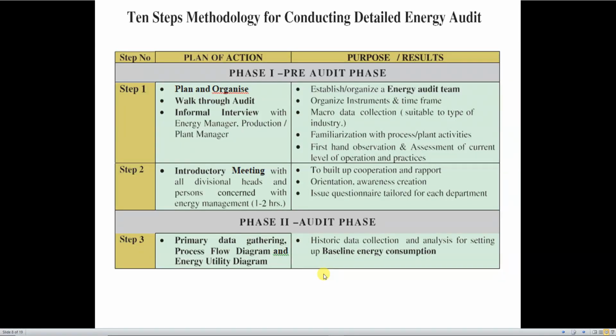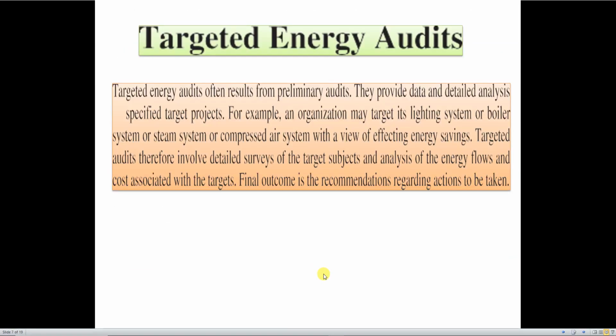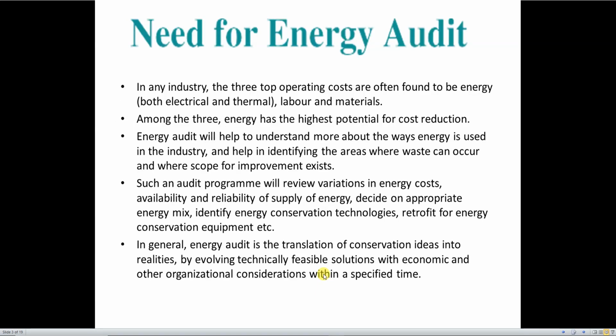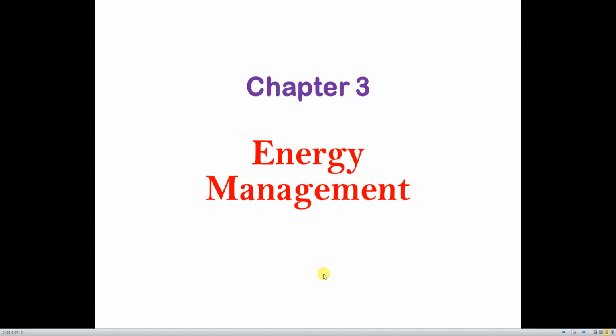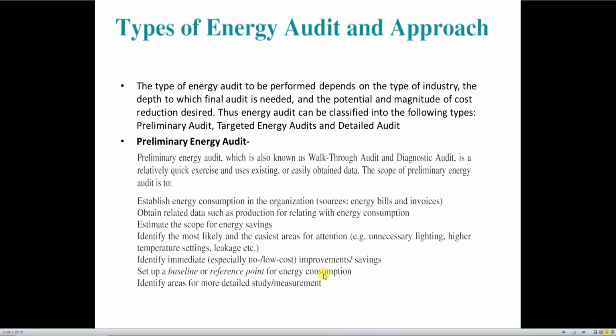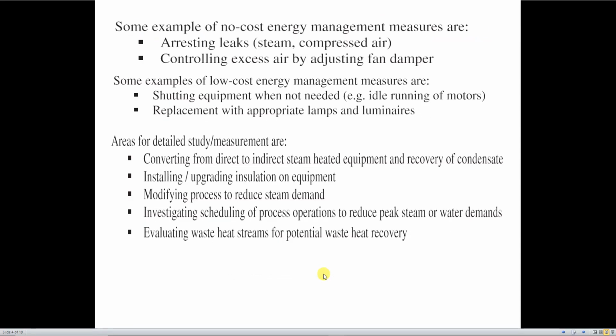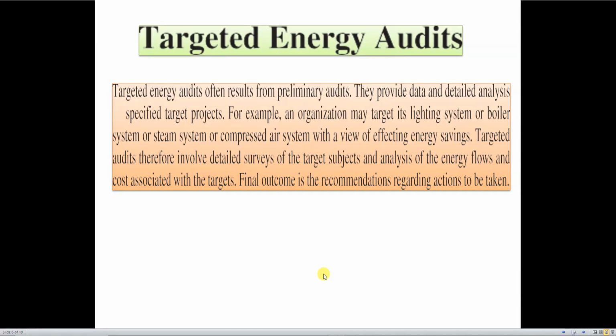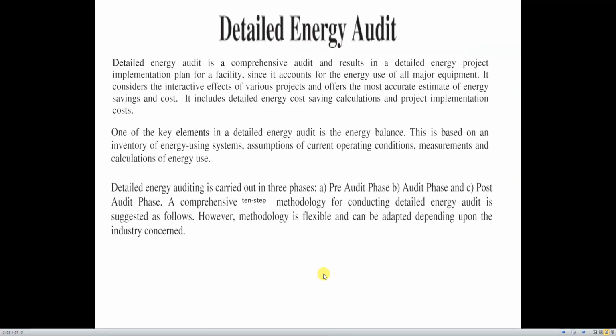So in the last lecture, yesterday, we have seen the energy audit, or the energy management chapter. We have started with the need of energy audit and then the definitions, types of energy audit, in which we have seen preliminary energy audit, उसके बाद targeted energy audits and then detailed energy audit.